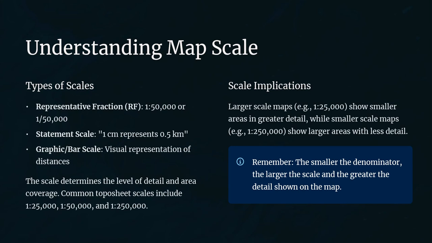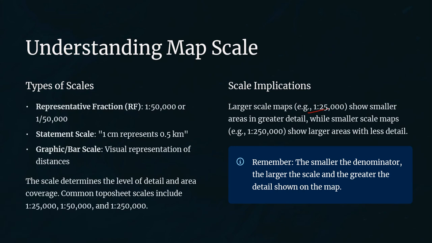And the scale determines the level of detail of the area. So if the scale is small, that means more detailing you can find. If the scale is large, that means less information is there, right? And scale implication, the large scale means 1 is to 25,000, so the smaller area, right?